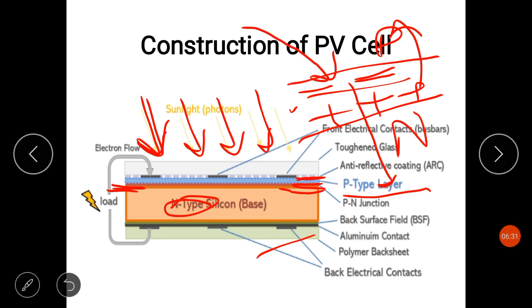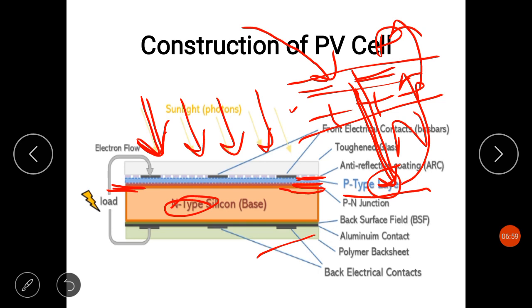Once the newly created free electrons come to the n side, they cannot cross the junction further because of the potential barrier of the junction. Similarly, the newly created holes, once they come to the p side, cannot cross the junction further because of the same potential barrier.